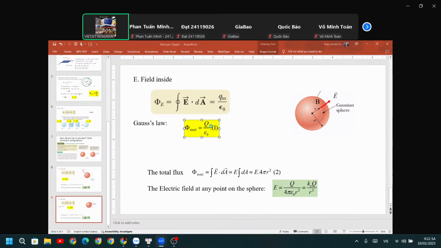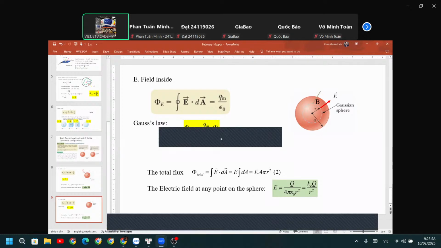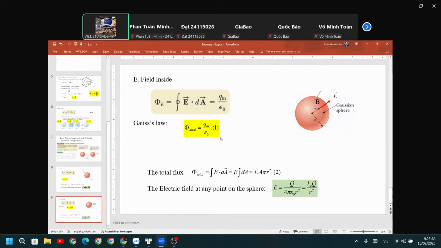It must be Q in as originally written. The problem now is that we have to calculate the Q in.